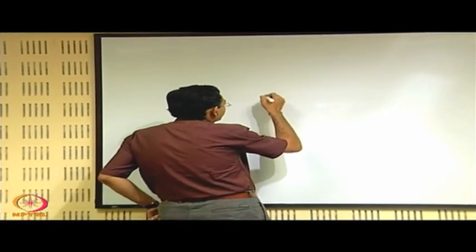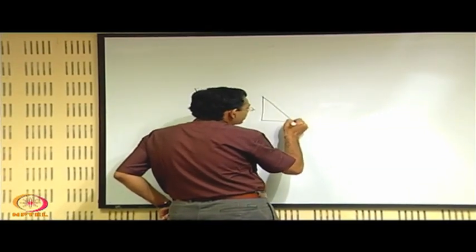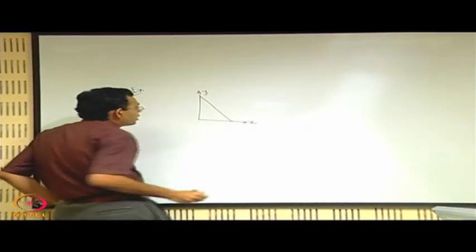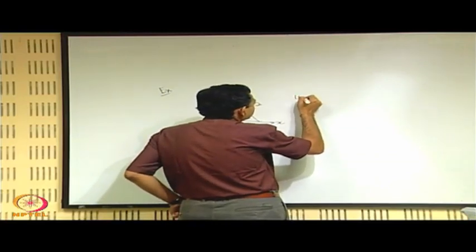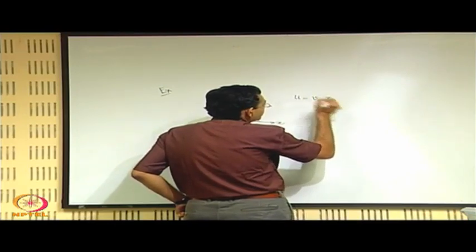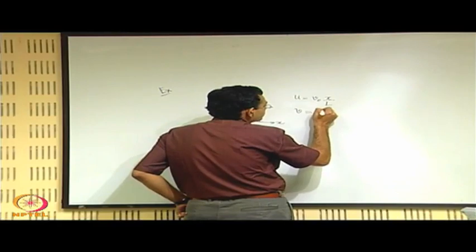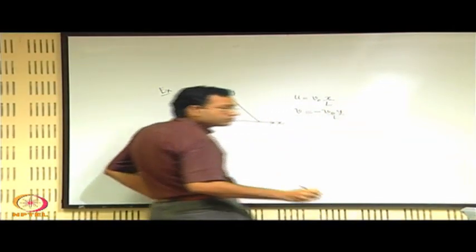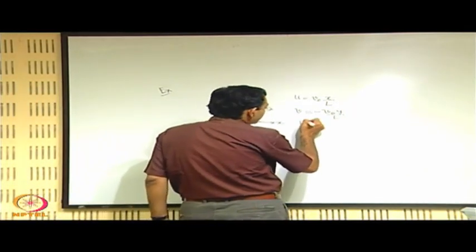Let us say that you have a wedge shaped element like this with the axis oriented along x and y, and the velocity field, a 2-dimensional velocity field, is given by say u is given by this, v is given by this one, and 2-dimensional w is 0.